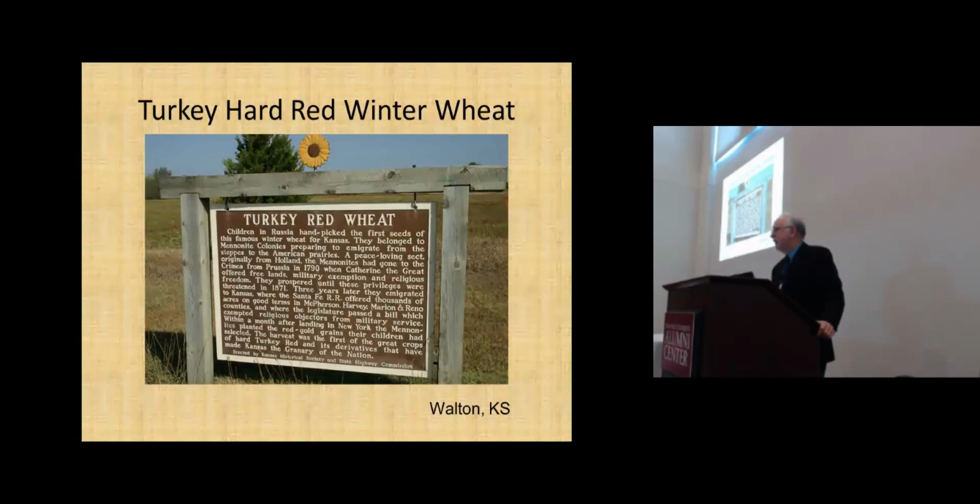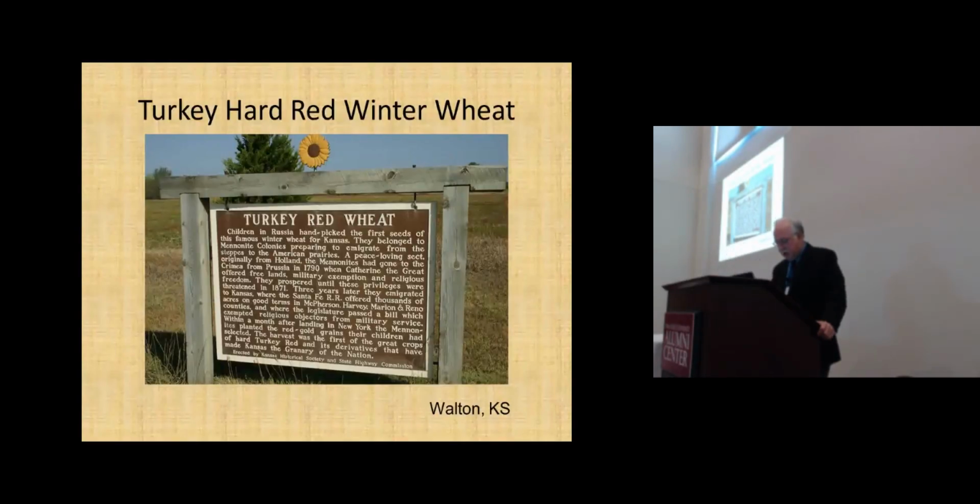Catherine the Great died. Later on, a few czars said, we need a lot more soldiers, universal conscription. The Mennonites are pacifists. They emigrated from basically the Crimea region, places where Russia and Turkey fought over for years, to the Great Plains. With them, they brought their seed. So that's the change.